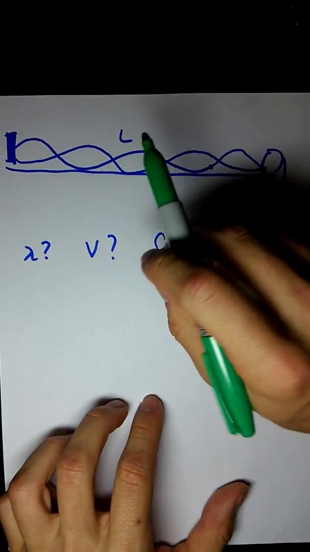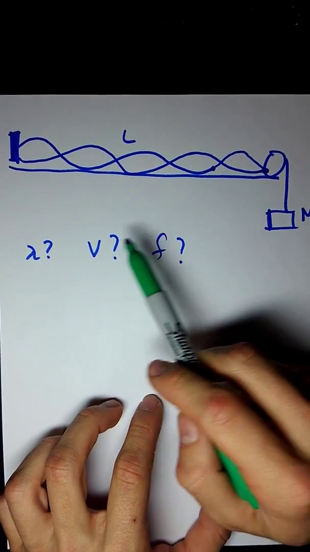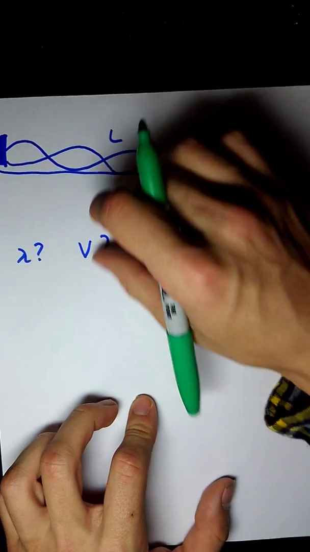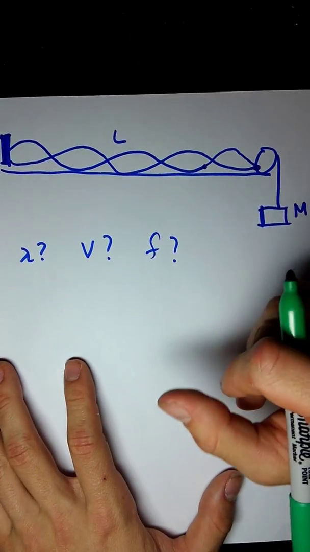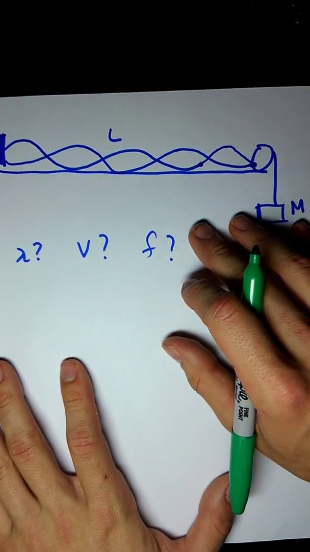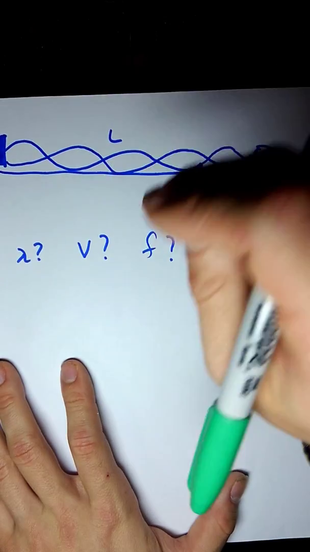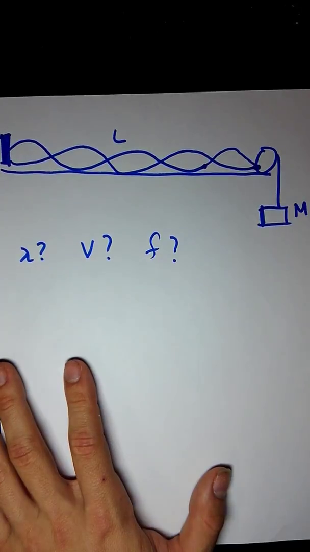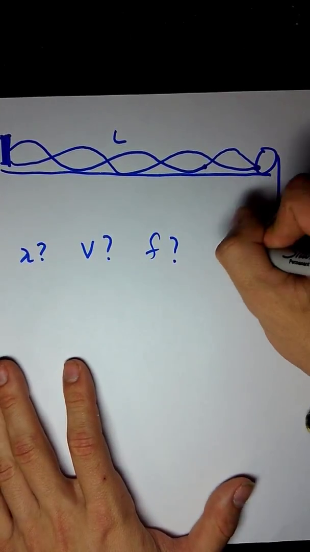So basically, I'm given some values here. I have L, okay? I have a mass dangling, and I have this string, actually, okay? So I have this linear string going on here, and I'm asked to find wavelength, velocity, frequency, okay? Given this string, I'm also given a few things. I'm given linear density, okay?